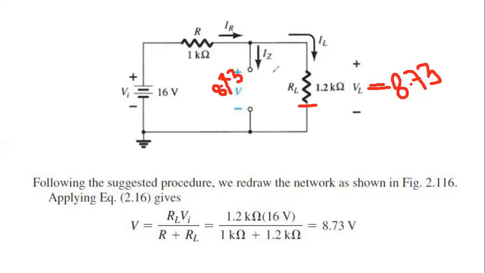Anyone? Sir, can you repeat the question? You said the condition of the Zener diode, right? Yes, 8.73 volt is applied across the Zener diode. So what will be the condition of the Zener diode right now?